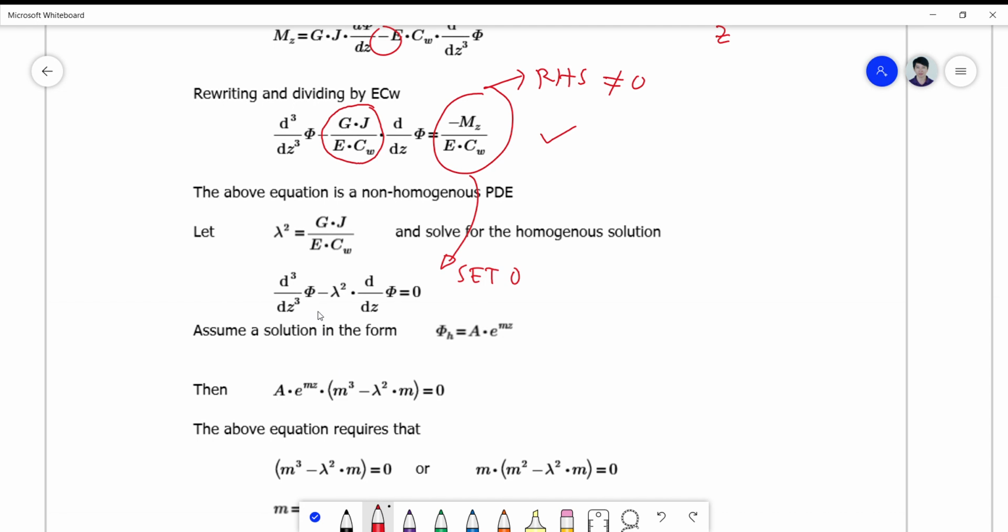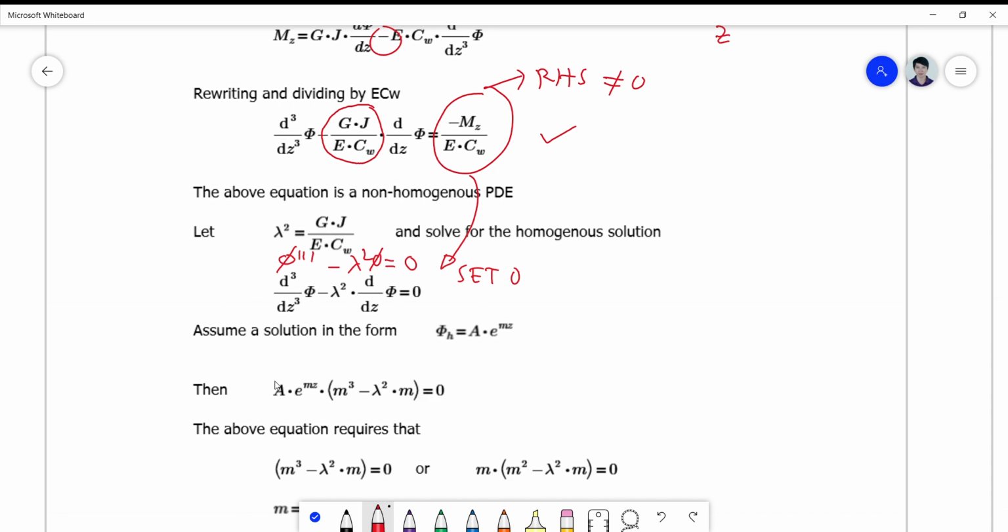So phi triple prime minus lambda squared phi prime is equal to 0. This is a simple characteristic equation, and the solution has the form A e to the mz. So this becomes m cubed minus lambda squared m is equal to 0.